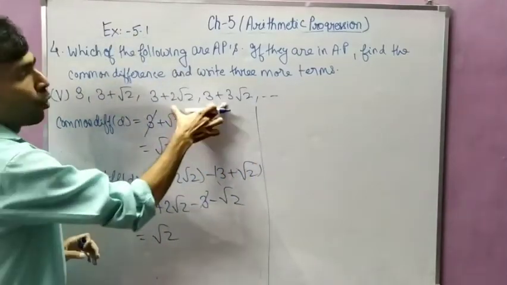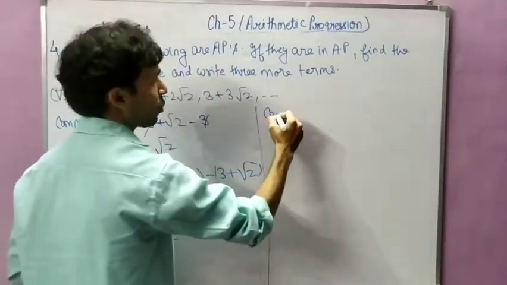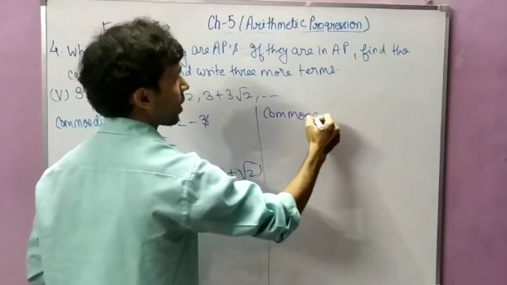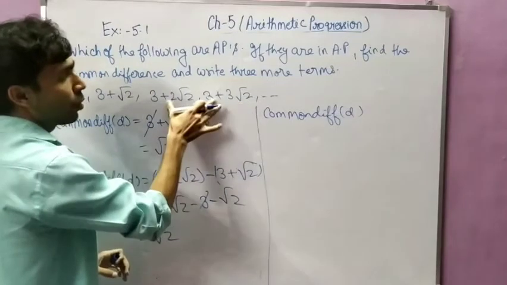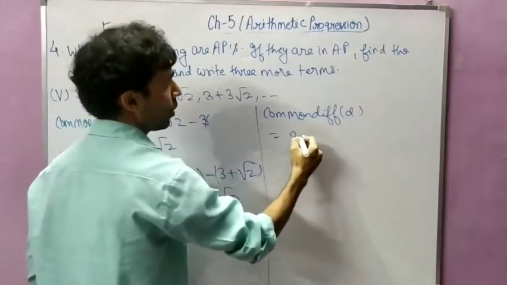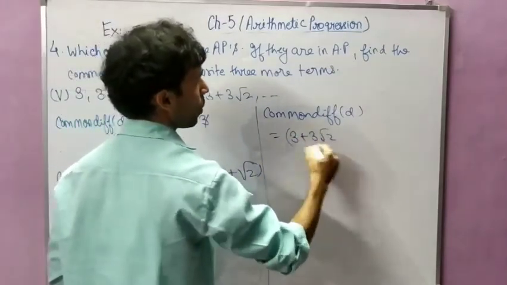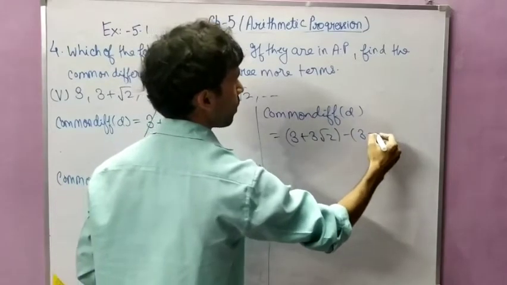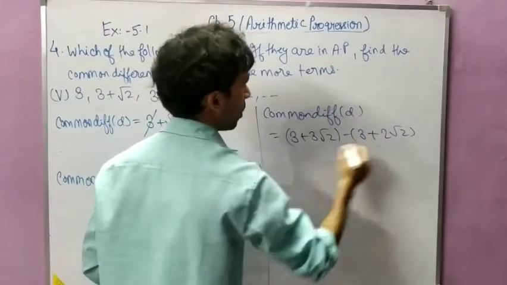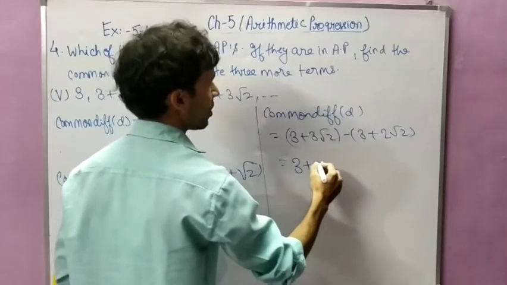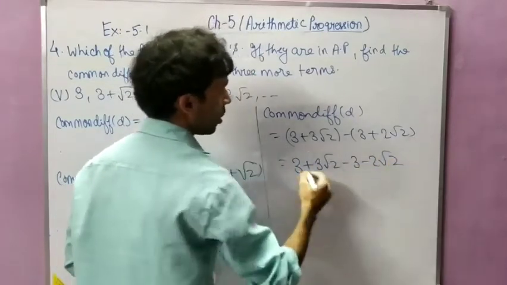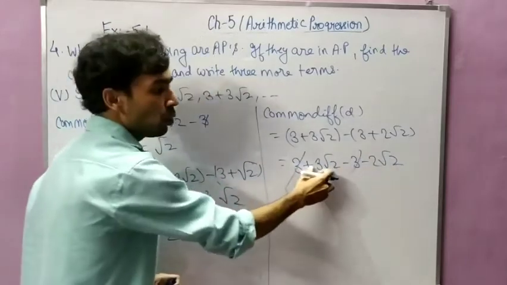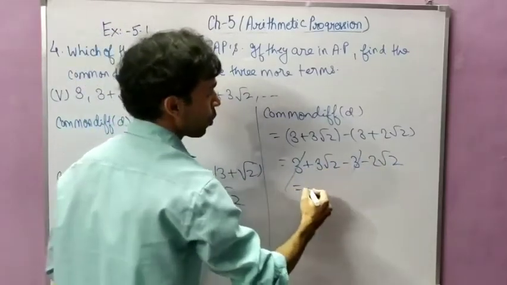Now 2 more numbers are left. So again you can calculate the common difference. Subtract these 2 numbers: 3 plus 3 root 2 minus (3 plus 2 root 2). Now 3 plus 3 root 2 minus 3 minus 2 root 2. The 3 cancels, and 3 root 2 minus 2 root 2 will become root 2 only.